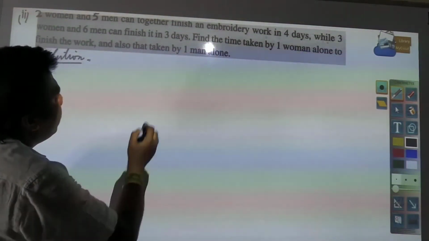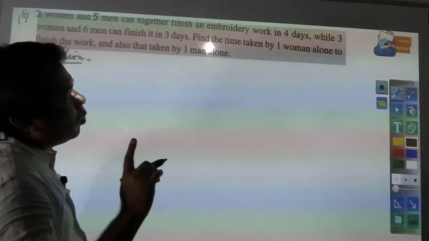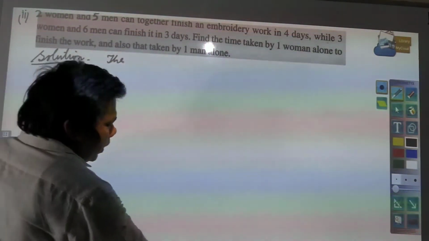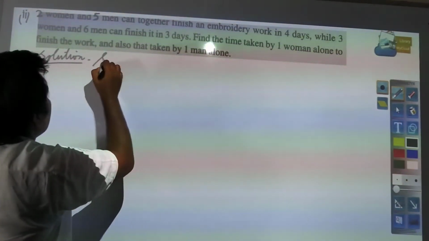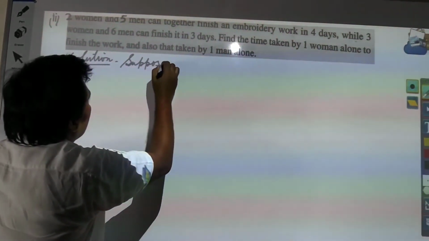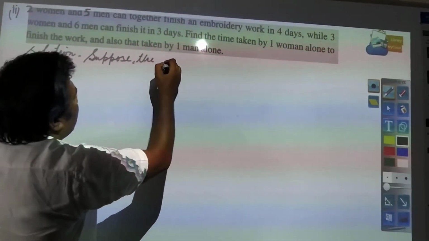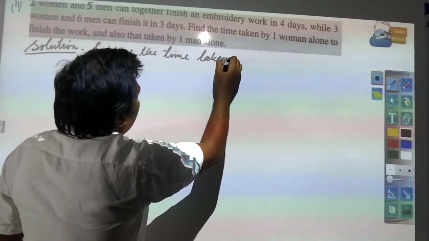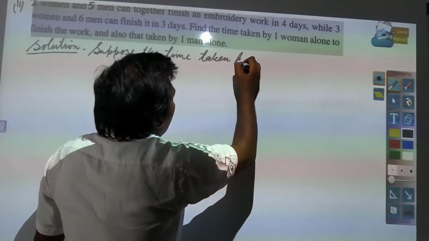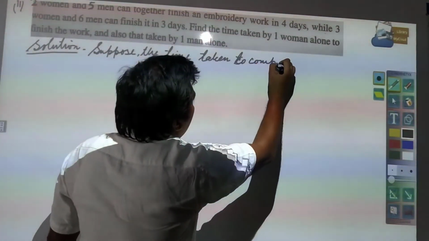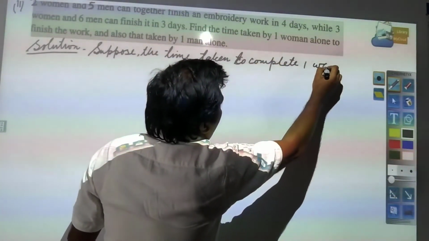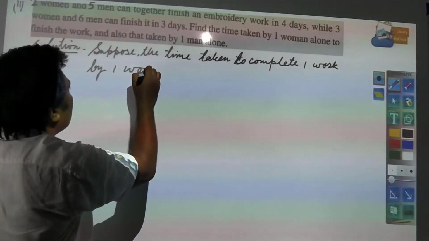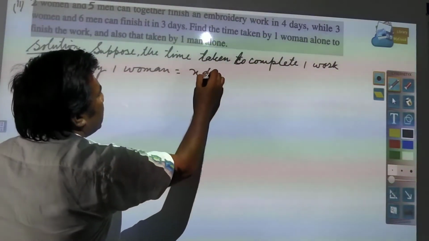we need to assume the time taken by one woman. We will write, suppose the time taken to complete one work or complete work by one woman is equal to x days.